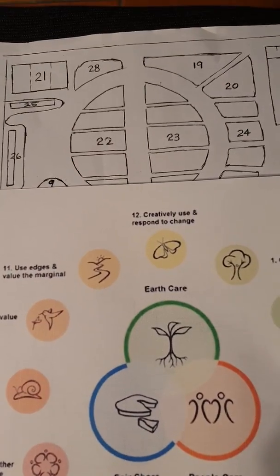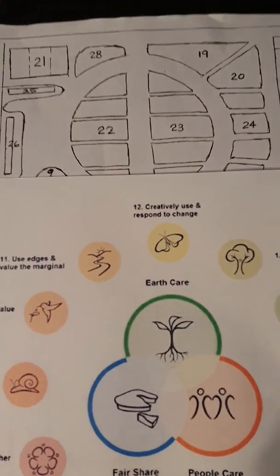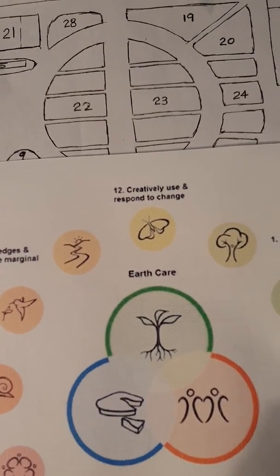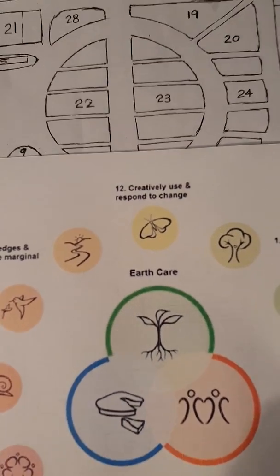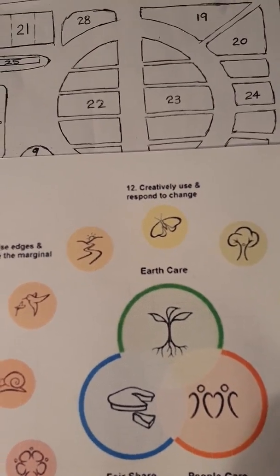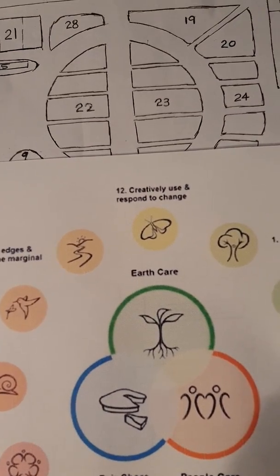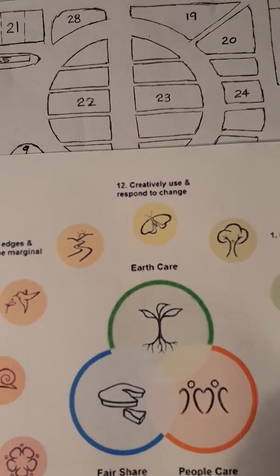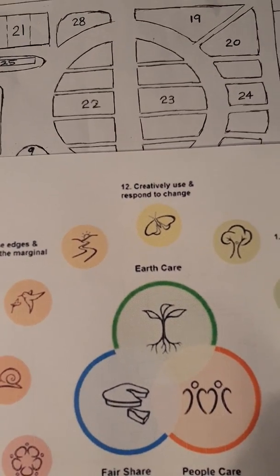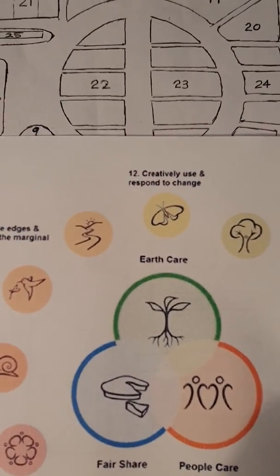The 12th and final principle reminds us to creatively use and respond to change. Not every year or season is identical to the last. Weather, pests, and other external forces can vary from one year to the next.